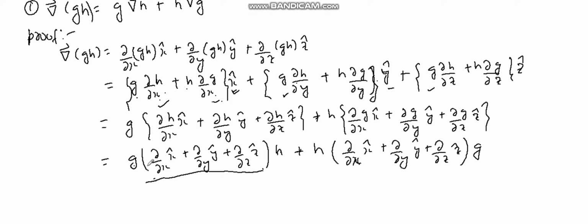Okay, so if it were a multiplication, then these two terms would be the same, but this is not the case, right? The thing is, this is acting on g and this is acting on h, and this h is multiplied by this operation, and g is multiplied by this operation.